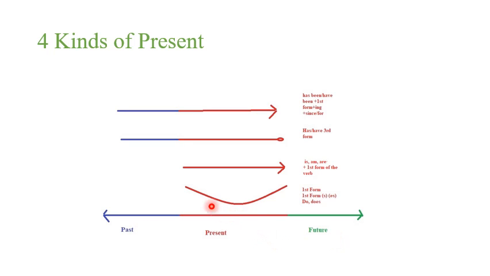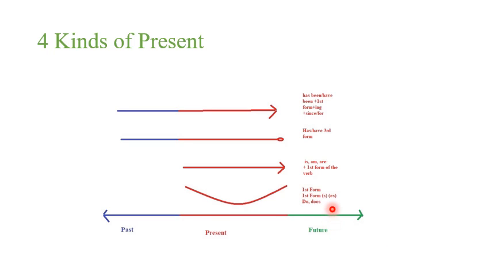The first present that we studied was a kind of time in which an action is repeated between 2 points, and it gives an impression of routine work, that somebody is doing something repeatedly in a given period of time.